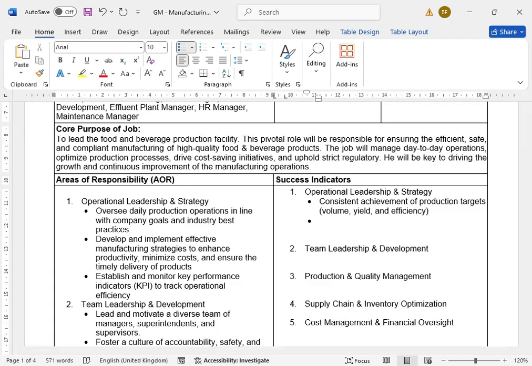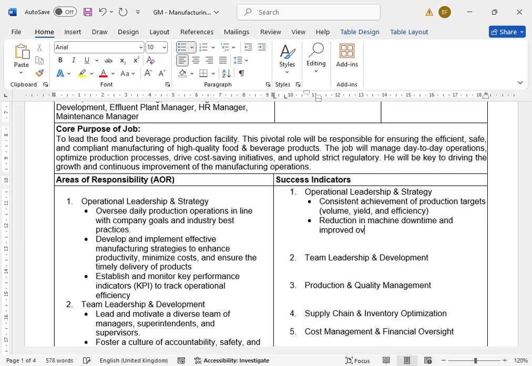Then another one is reduction in machine downtime. That's why you have to have a good maintenance crew, a maintenance department doing preventive maintenance of your machinery and equipment, and improve overall.